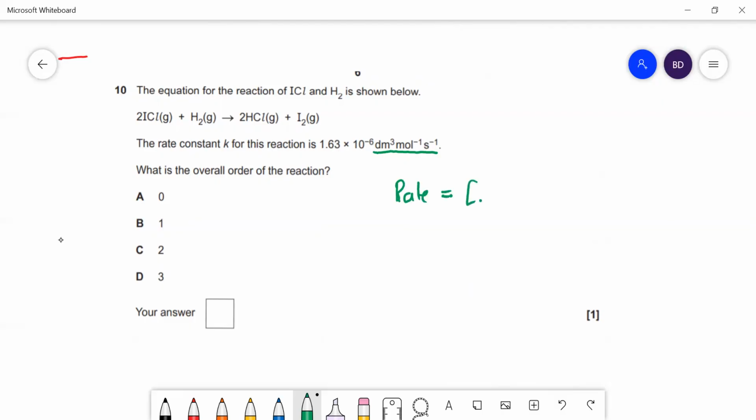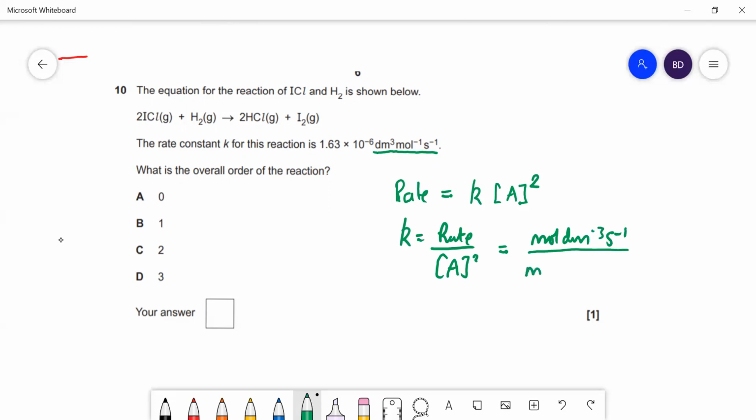So here's the concentration of everything. I'll just put K, and that's the concentration of the iodine and the hydrogen. That's going to be cubed, sorry, squared if it's second order overall. So that means K is equal to rate over the concentration squared. Rate always has units of mole per decimeter cubed per second.